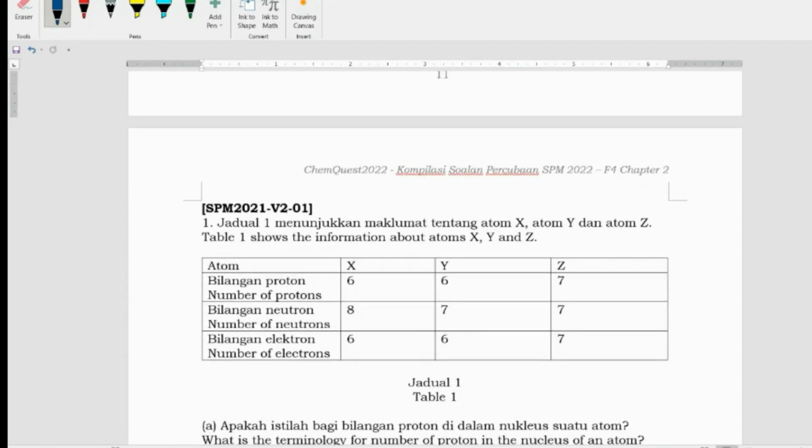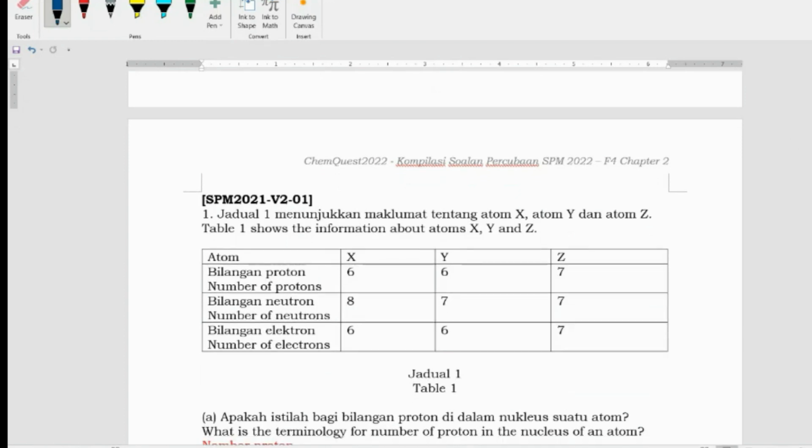Sekarang kita tengok soalan ini. Okay, Jonathan, can you read this question? What is the terminology of number of protons in the nucleus of an atom? Okay, so number of protons in the nucleus of an atom. We also call it what?